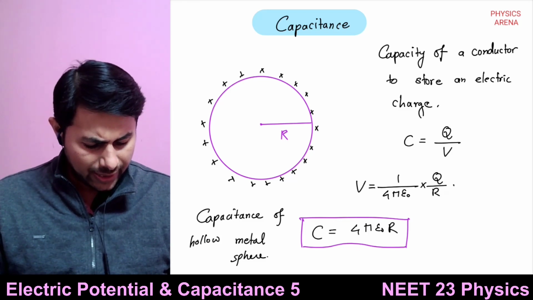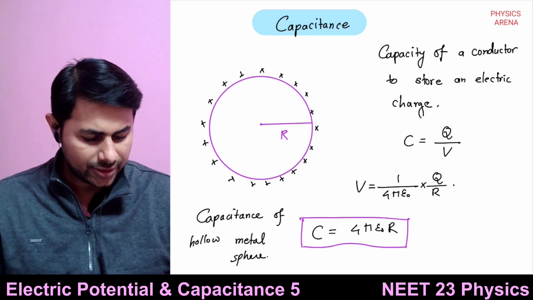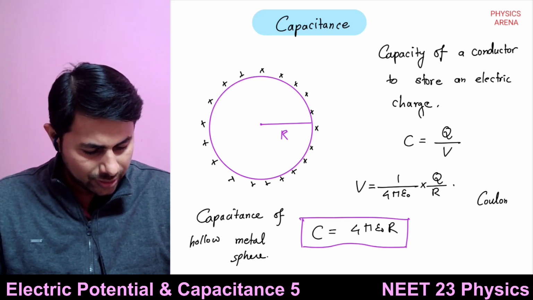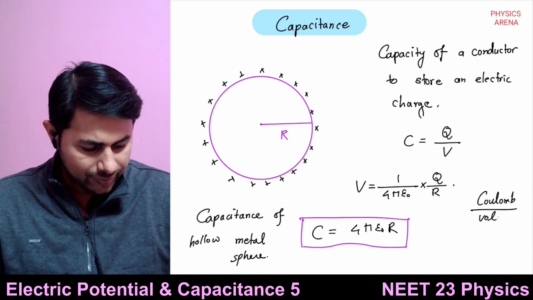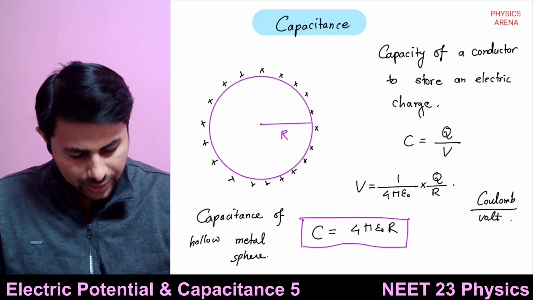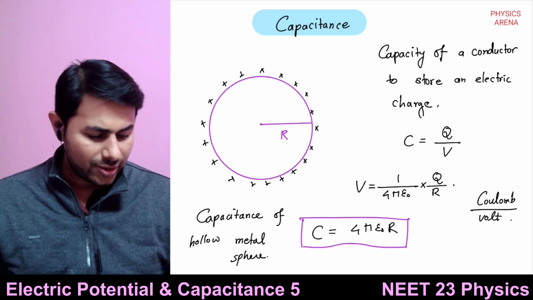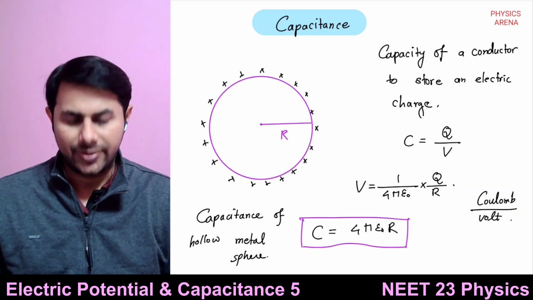And the unit of this capacitance is coulomb per volt, right? Unit of charge is coulomb, unit of potential difference is volt, and this is known as farad.